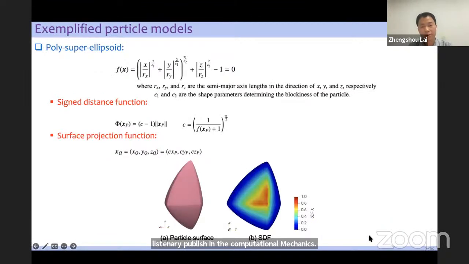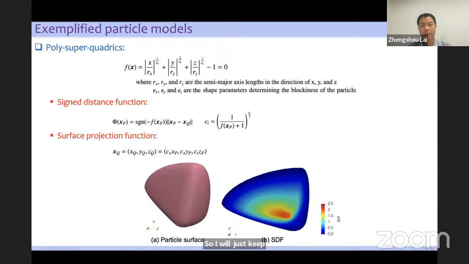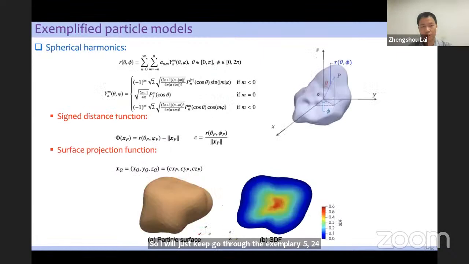Based on the signed distance DEM general framework, we show that it can be flexibly used to model some conventional particle geometries. For example, here is the poly-superellipsoid. I will just go through the exemplified particle models here. It can also be used to model poly-superquadrics and also spherical harmonics.